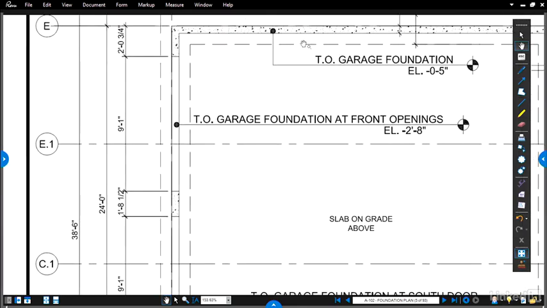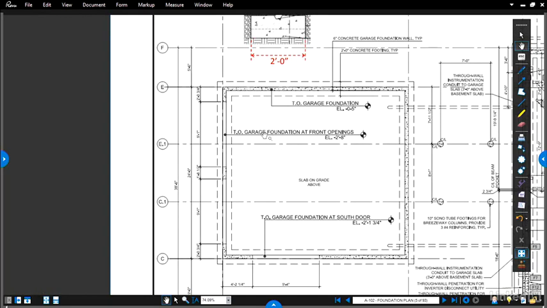What that tells me is that the foundation wall at this point is 2 foot 3 inches shorter than the foundation wall around the perimeter of the garage. Since I understand that this is a garage and I know I have to pull cars into it, that kind of makes sense. I can start to see that this is maybe where the cars can pull in.